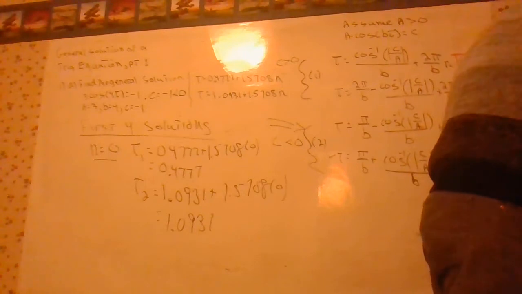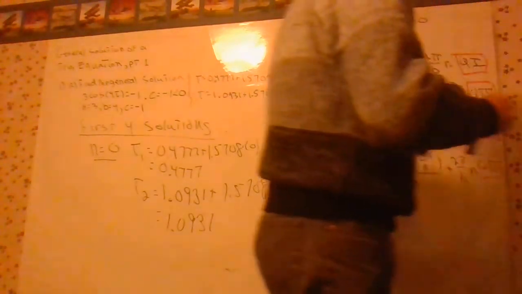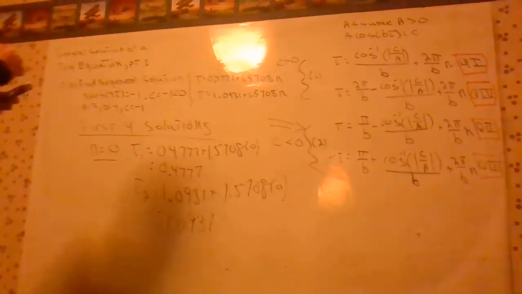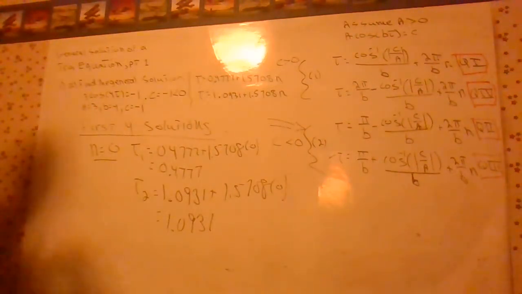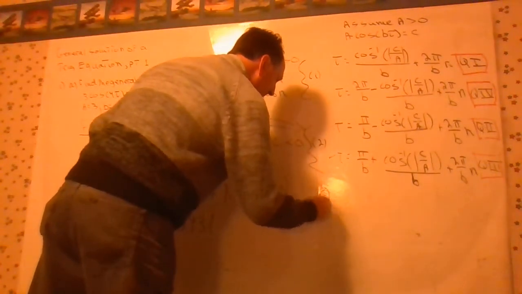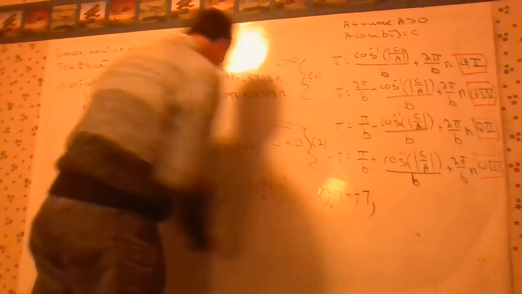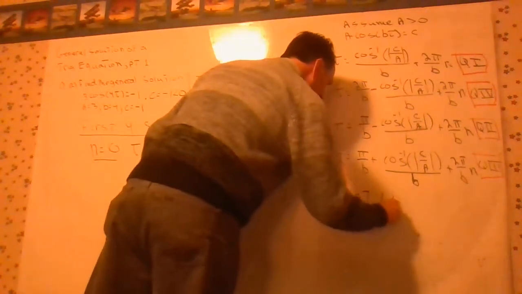There's T1 and T2. Let me list those numbers over here: 0.4777, and you can see the time progression, 1.0931.